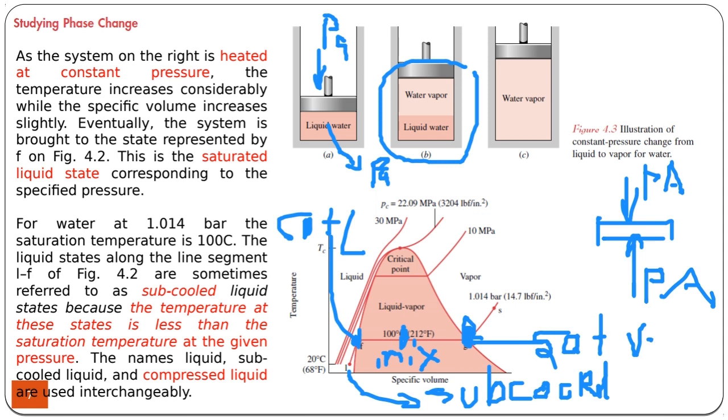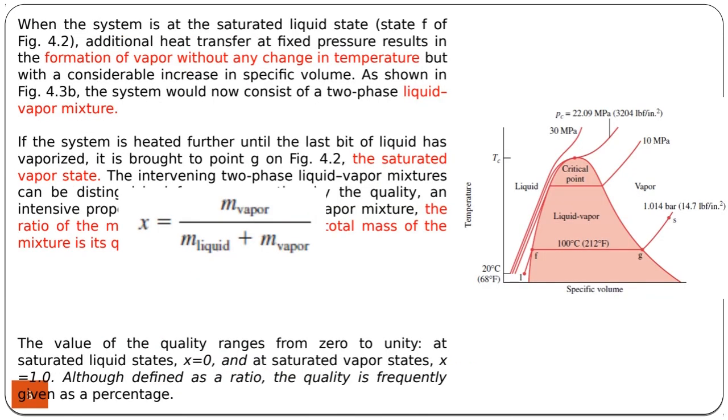So what can we do outside the saturation curve? If it's compressed liquid, then we can use compressed liquid tables, or most of the time, the property in a compressed liquid is very close to the property of the liquid at the saturation. So for the time being, let's move to the mixture zone.